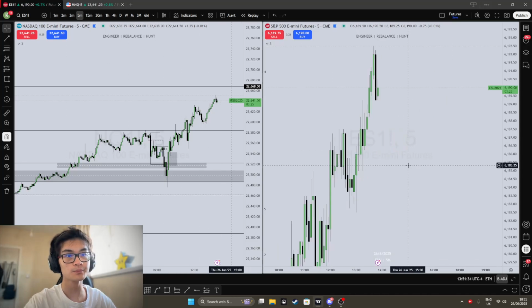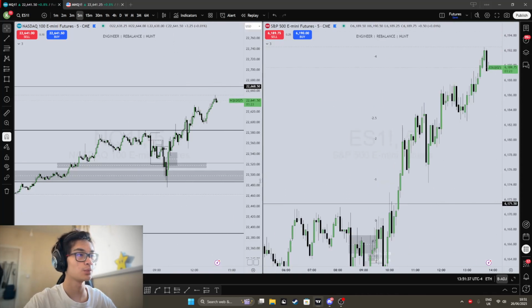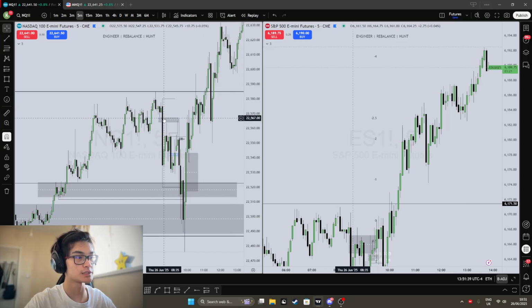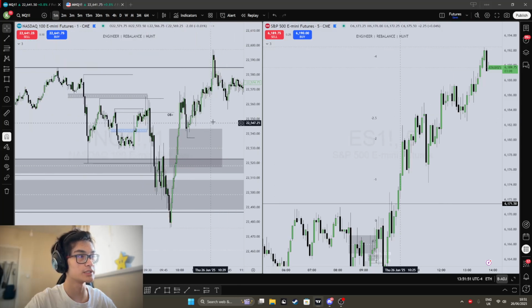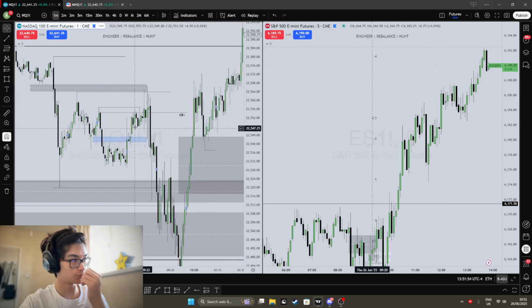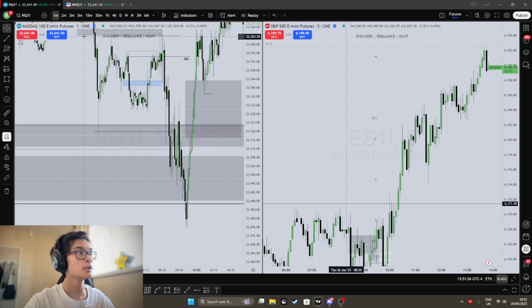So if you look at the 5 minute here, we actually had a change in the state, and we had this AMD near New York Open, and we swept this internal high, and there wasn't an entry here, but we did sell off to equilibrium.